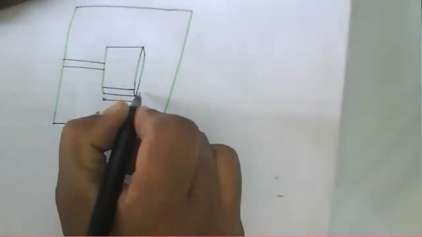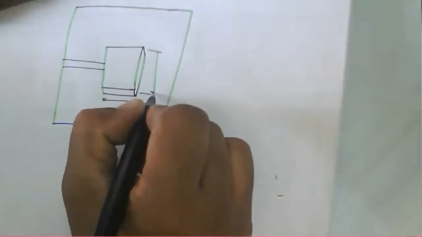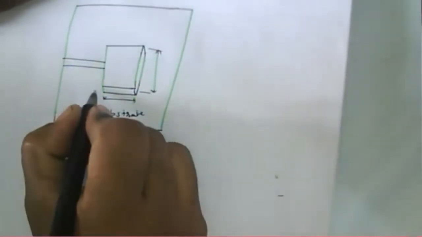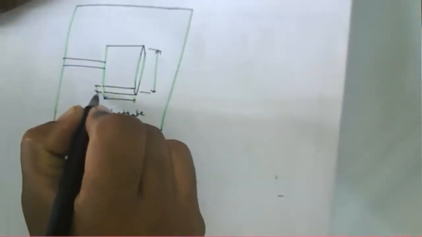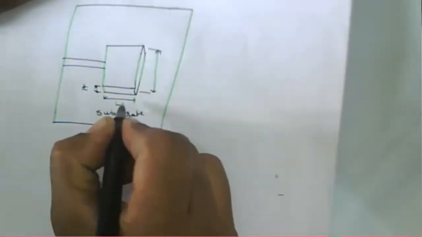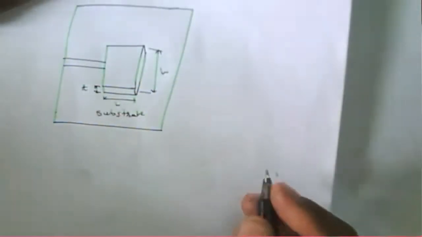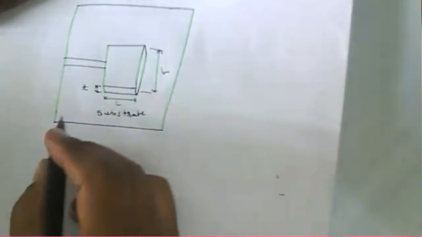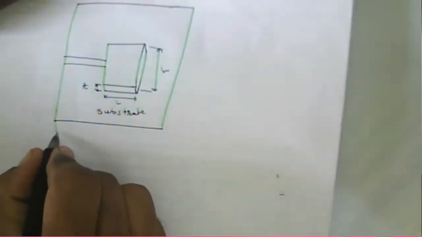For this rectangular shape, it has dimensions, length and width, and this one is the thickness. So on the substrate, the particular patch is to be deposited.